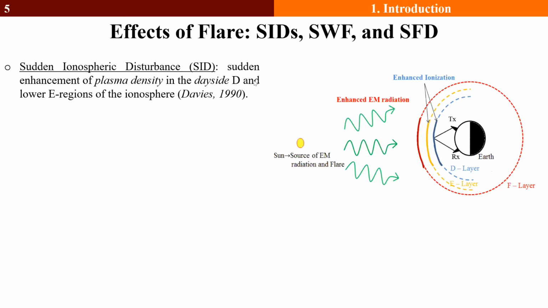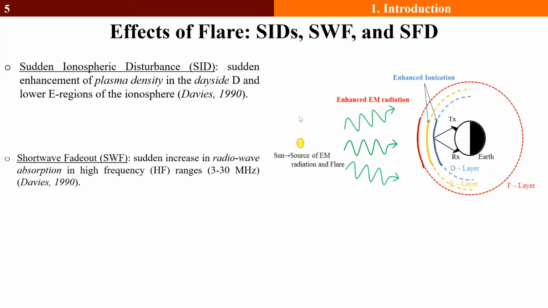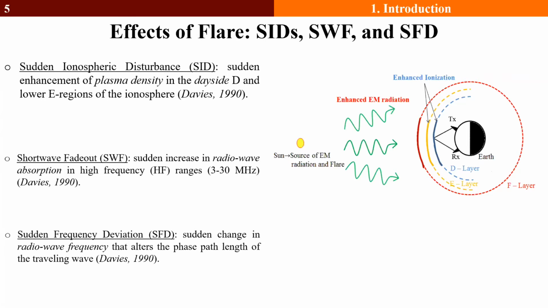That's the first physical manifestation of a solar flare in the ionosphere, and it creates two subsequent problems for the traveling radio wave. First is known as short wave fadeout, a sudden increase in radio wave absorption in the high frequency spectrum. The second is sudden frequency deviation, a sudden change in radio wave frequency that alters the phase path length of the traveling radio wave.